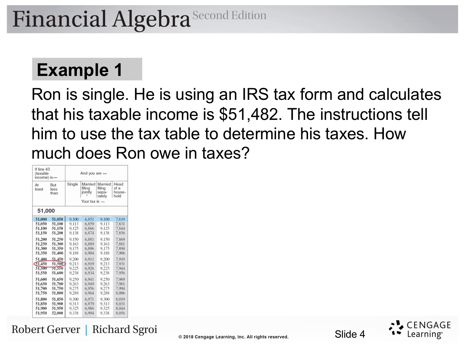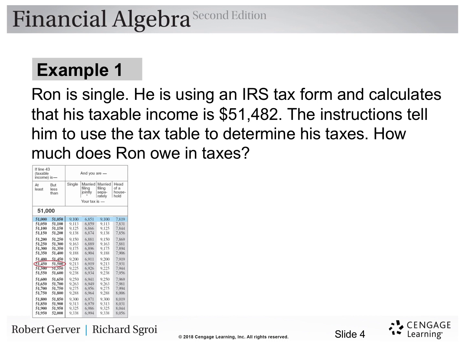So let's begin by looking at an example. Ron is single. He is using an IRS tax form and calculates that his taxable income is $51,482. The instructions tell him to use the tax table to determine his taxes. How much does Ron owe in taxes?